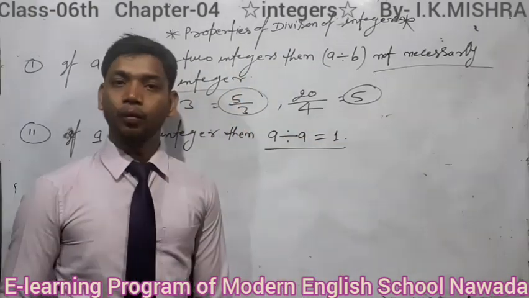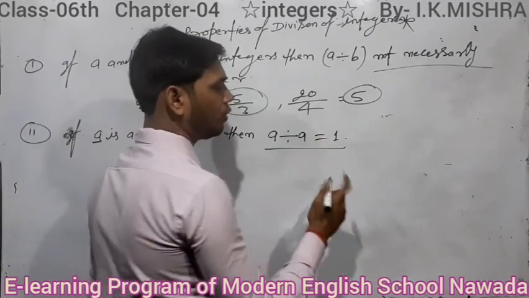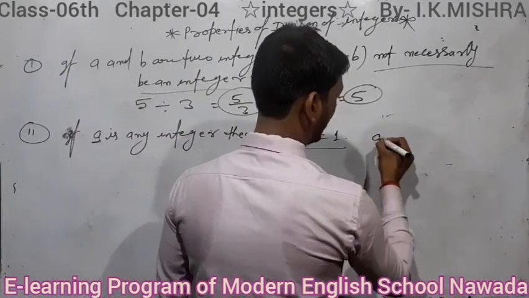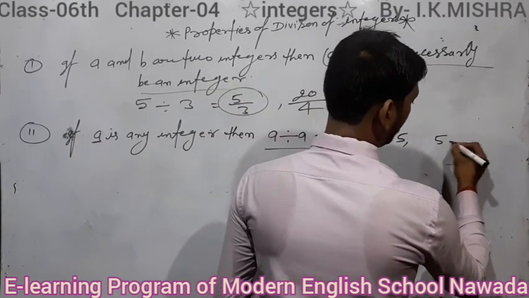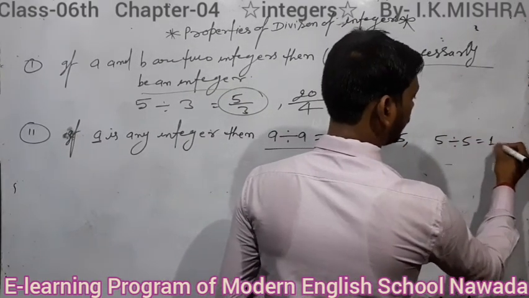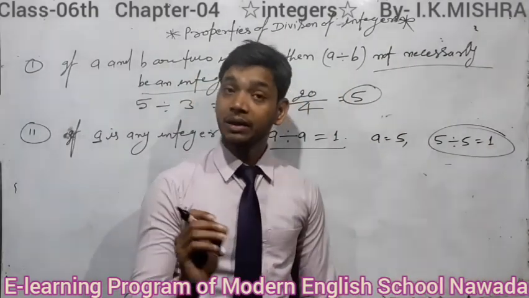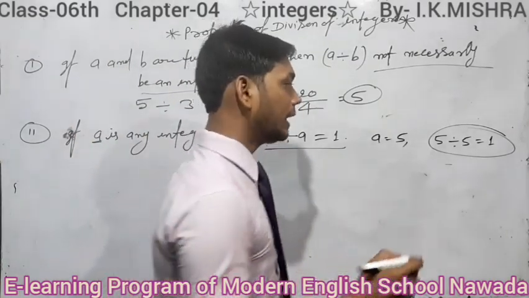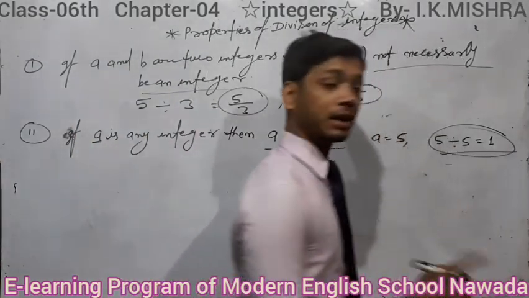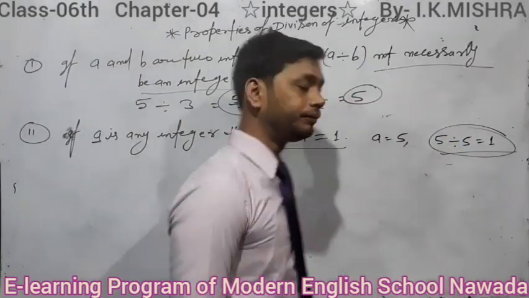Friends, when a is divided by a, the result is 1. Suppose a equals 5, then 5 divided by 5 is equal to 1. In multiplication, 5 multiplied by 5 gives 25. Division is the inverse process of multiplication, hence 5 divided by 5 is equal to 1.